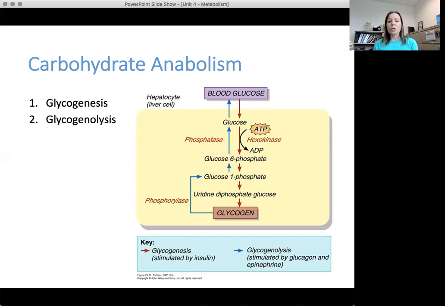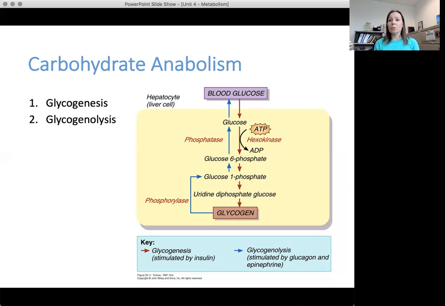So with these terms, you can look at the ending, and genesis means formation or creation. Lysis means breaking down or breaking apart. So the ending of these terms, you're going to see several of them coming up, will tell you whether you're creating this molecule or breaking it down. And the first part of the word is going to tell you what molecule you are creating or breaking apart.